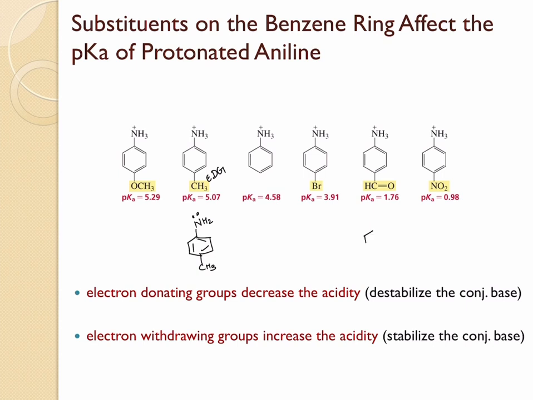So let's draw the conjugate base here again. So here will be the conjugate base. And you can see that there is an electron withdrawing substituent present, because of which these electrons can get delocalized onto the electron withdrawing group, right? So because of this, this is going to be comparatively a stronger acid. This one here is a weak acid.